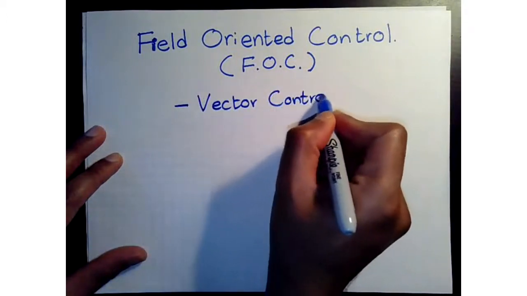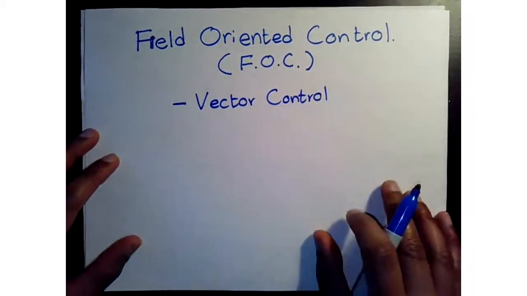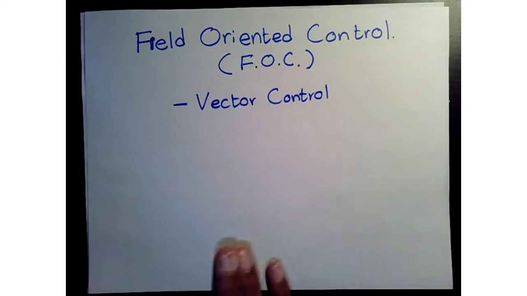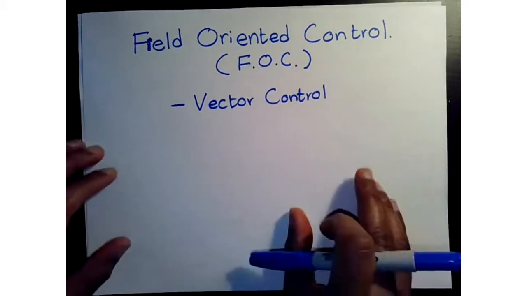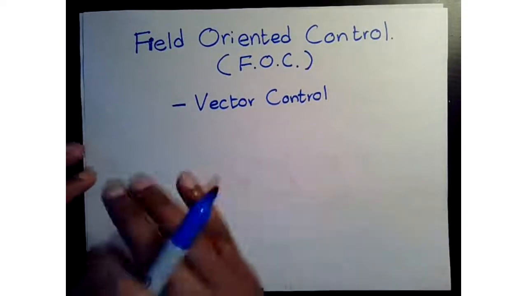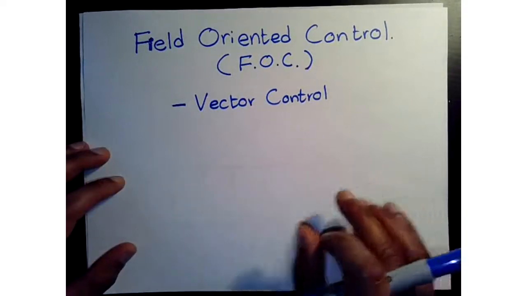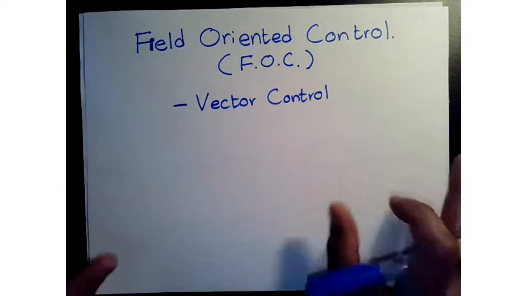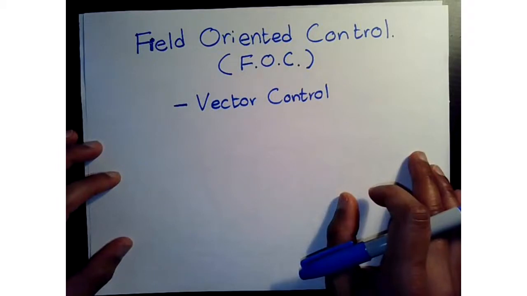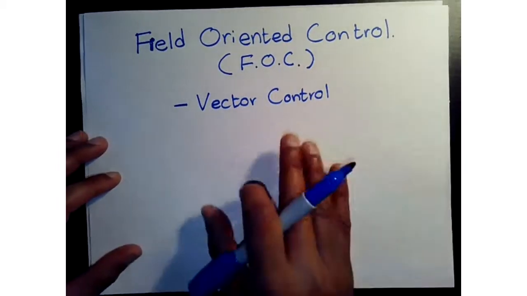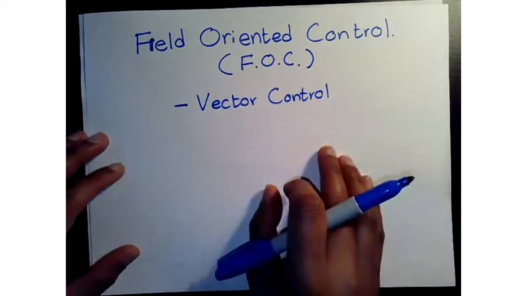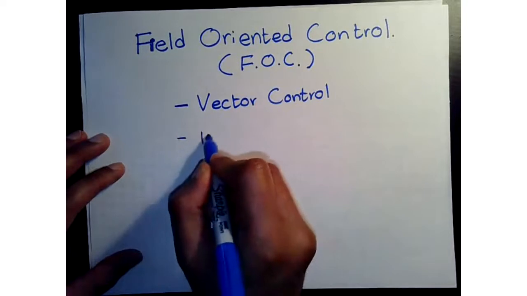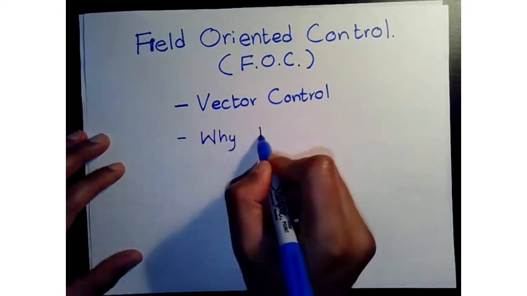This idea, at least as far as I know, originated from Siemens back in the days for control of induction machines, and then later got adopted to permanent magnet synchronous machines, which proliferated over a number of applications because of the unique features that they have. Okay, and then first of all, we need to think of why we do FOC, right?